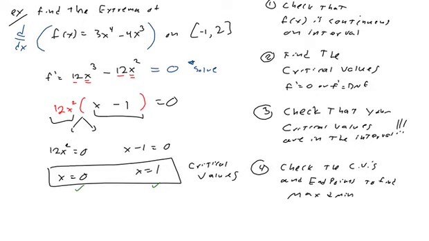You need to also check your endpoints, because sometimes, like we said, the max might be a little small local max, and the endpoint goes way up higher. So you need to check the critical values and endpoints to find the maximum.